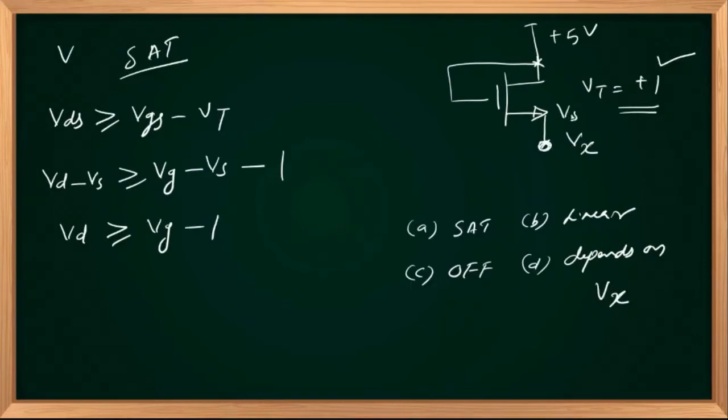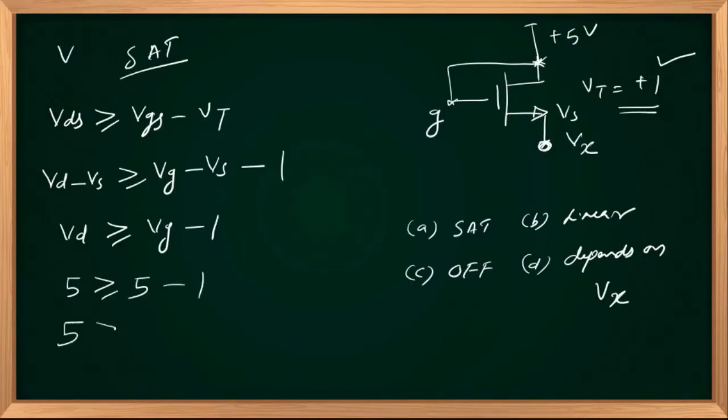And this is my VS, equal to Vx, and it turns out to be independent of Vx. The drain voltage in the circuit is equal to 5, and the gate is tied to the drain, so VG equals VD, that is also 5, minus 1.